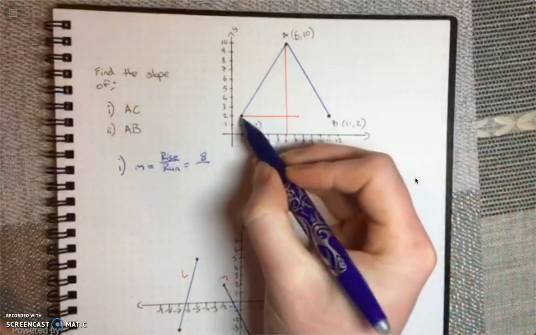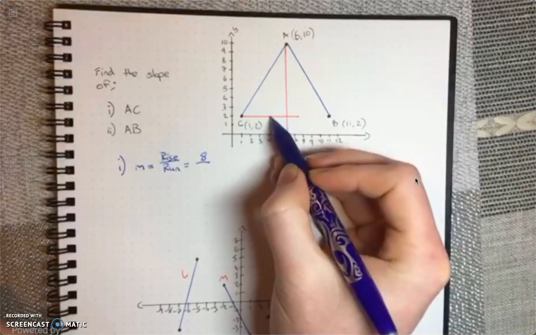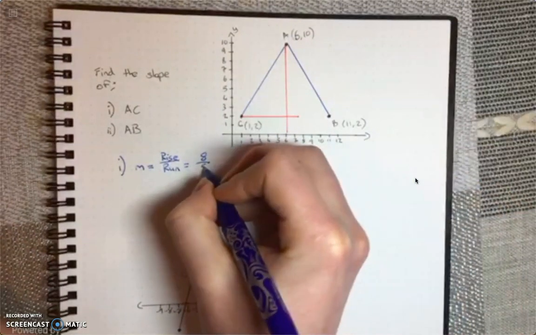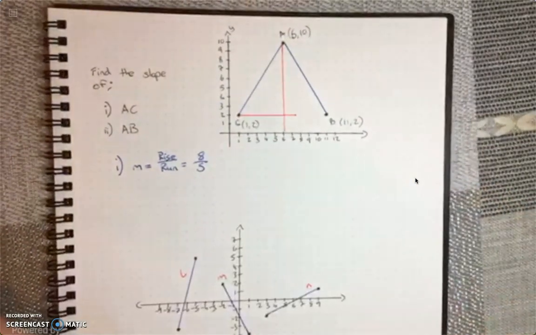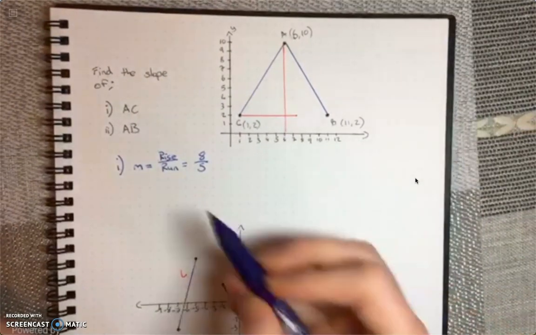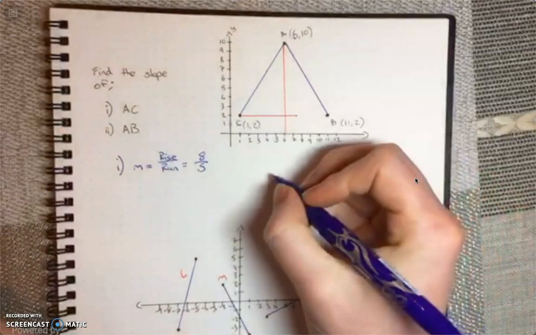The run, we start at C and we go across 1, 2, 3, 4, 5 boxes. And that can't reduce down any further. So that's my final answer. Okay, so 8 over 5, that's it. You can leave it as a fraction rather than a decimal.